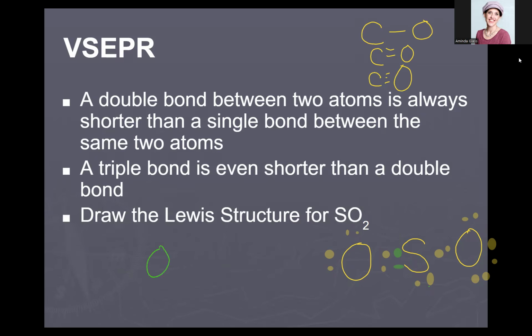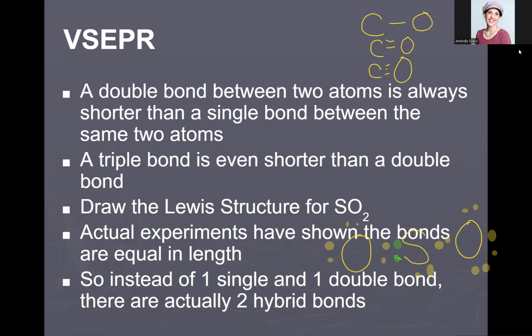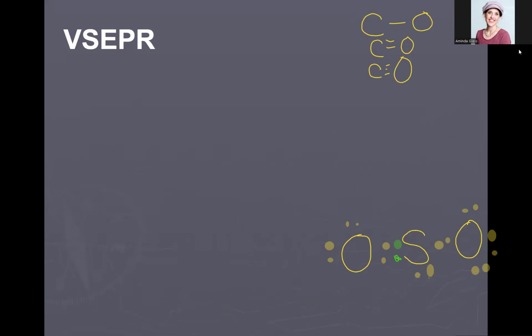So what they realized is it must be like a hybrid, where instead of a double bond here, it's more like 1.5 bonds on each side. So something happens within the molecule to make it more like 1.5 bonds. But if you're ever told to draw it, you're going to draw it so it looks like this. And it's like 1.5 bonds because they're two hybrid bonds.